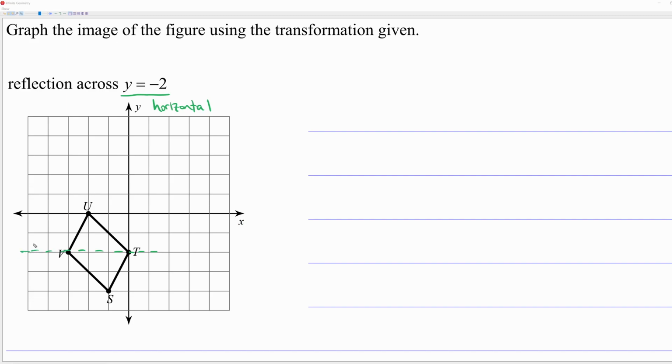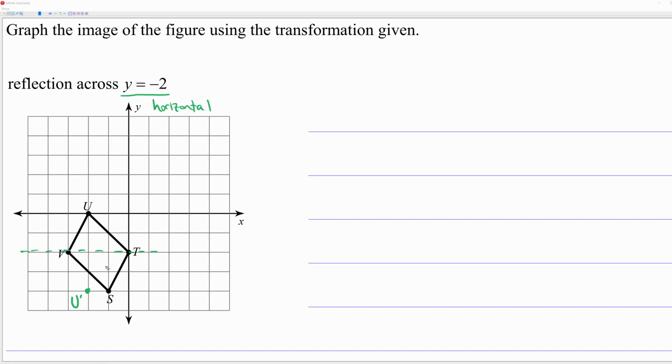And now I use my same strategy as before. So, since points V and T are on this dotted line, they don't move when I reflect. There's nowhere to count. But point U, well, that's 2 above the line. Count 1, 2. You count the same distance on the other side. 1, 2. So here we have point U prime.